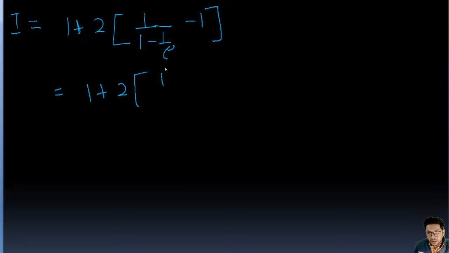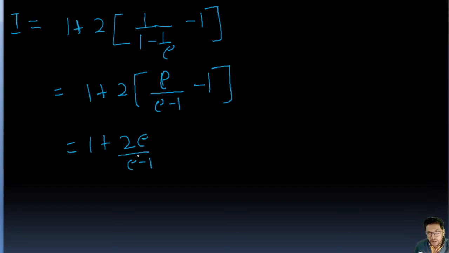This is going to be E upon E minus 1 minus 1. Okay, so this is going to be 1 plus 2, 2E upon E minus 1 minus 2. Okay, this is the one.